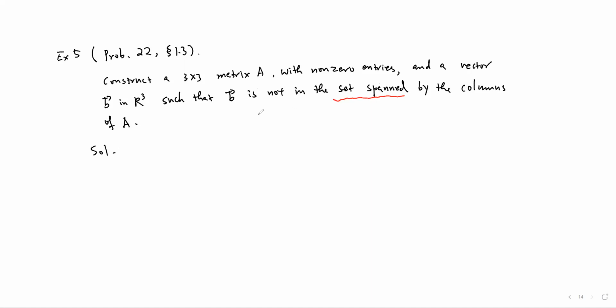Each column of a matrix is a vector, spanned by the columns.